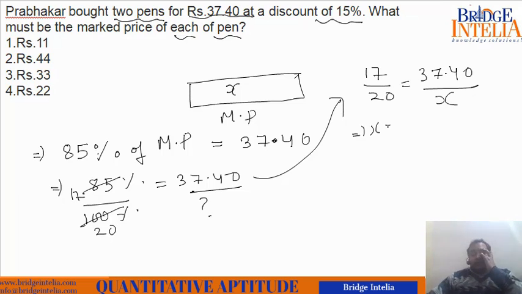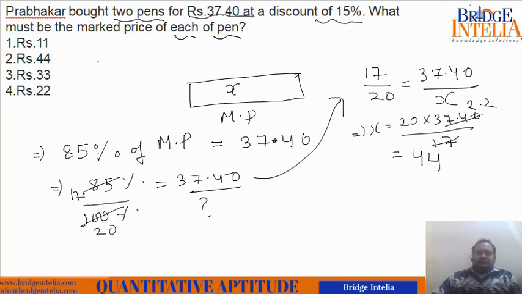So the unknown figure is equal to 20 into 37.40 divided by 17. This cancels by 2.2 times. So 20 into 2.2 comes out to be equal to 44. So this is the correct answer.